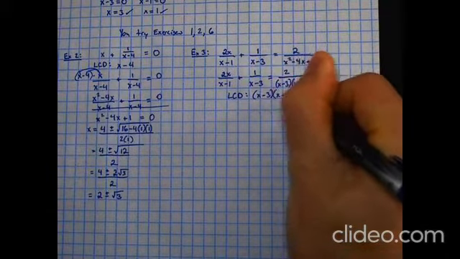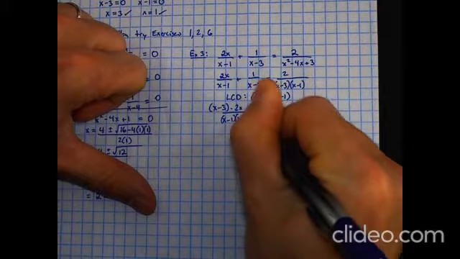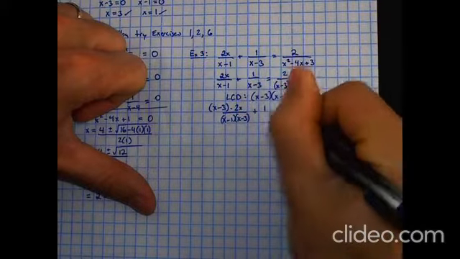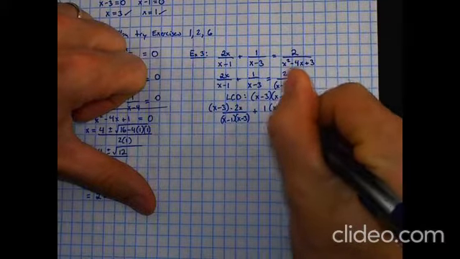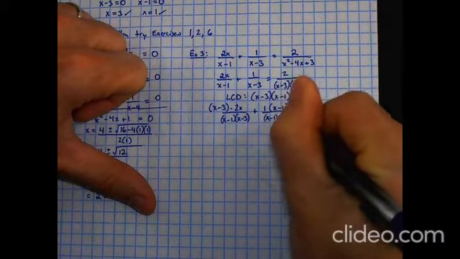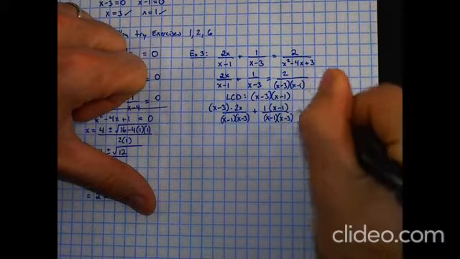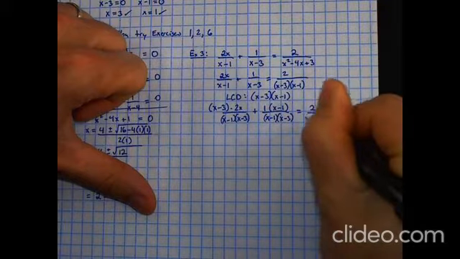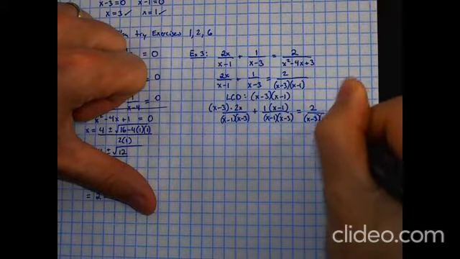So let's do that. x minus 3 times 2x over x minus 1, x minus 3. 1 times x minus 1 over x minus 1, x minus 3 equals 2 over x minus 3, x minus 1.